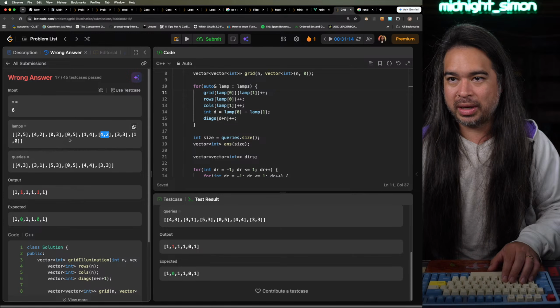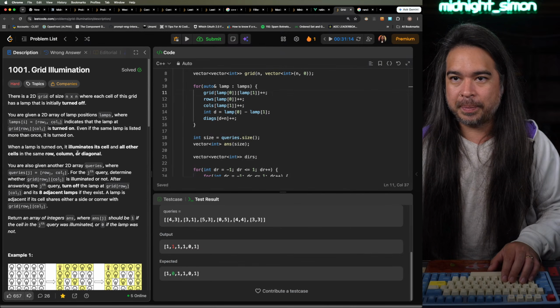Yeah, look, duplicate lamp 4-2. Let me read the description again. Even if the same lamp is listed more than once, it is turned on.